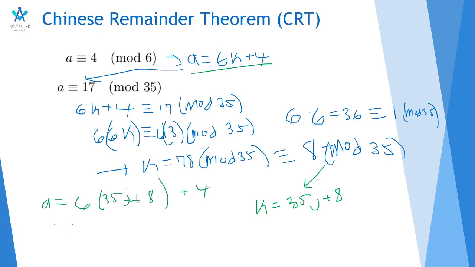And so that's going to give you 210j plus 48 here, plus the extra 4, so plus 52 is what it should give you.